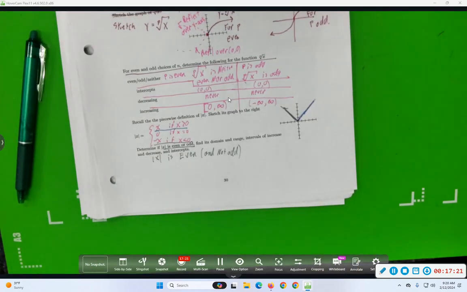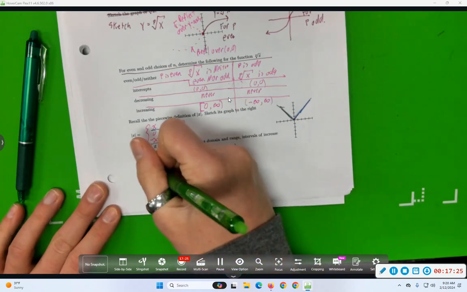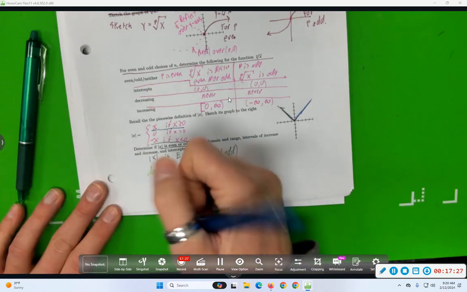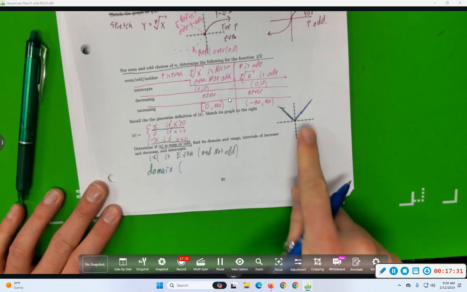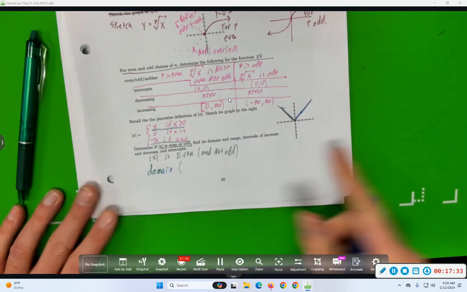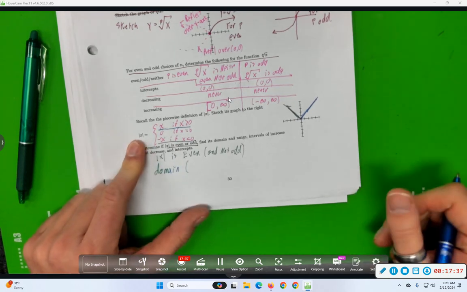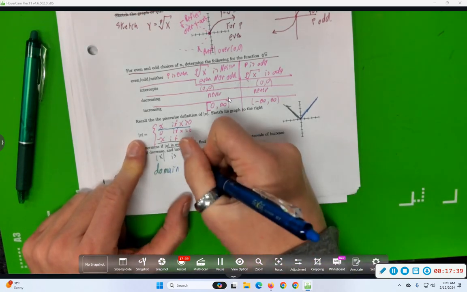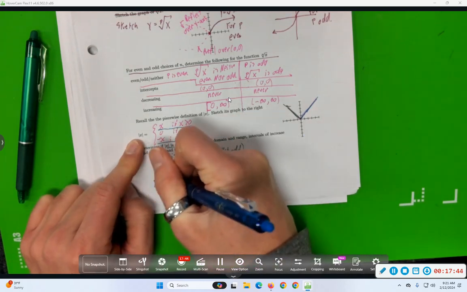Let's compute domain and range. Looking at that graph, what's the domain? It looks like you can plug in any real number. Is there any number you can't take the absolute value of? Nope. What about the range?